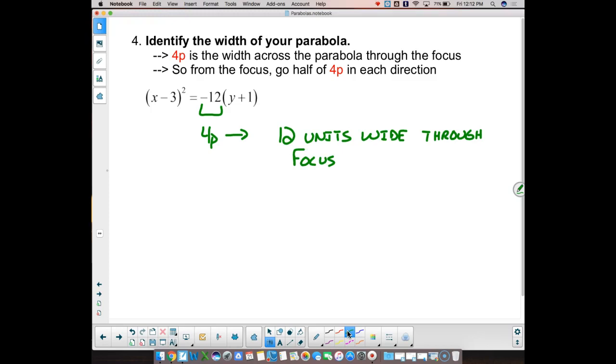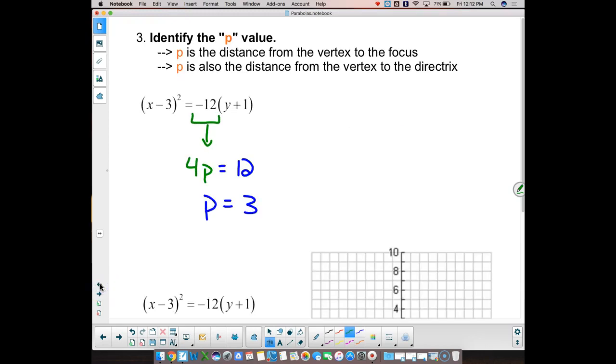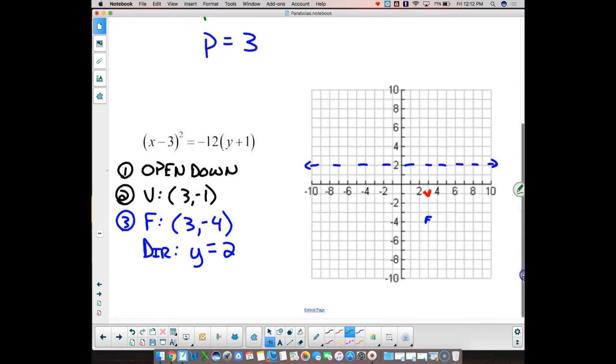So that means I'm going to go 6 to the right and 6 to the left through the focus.